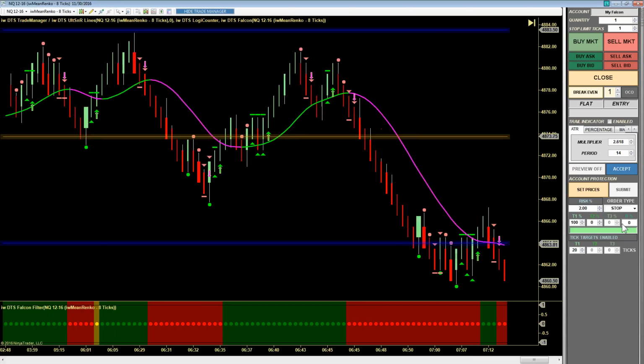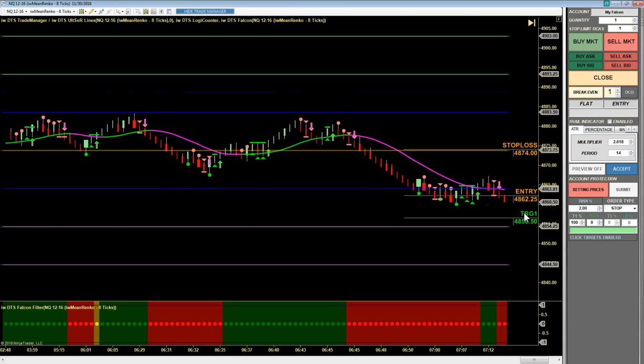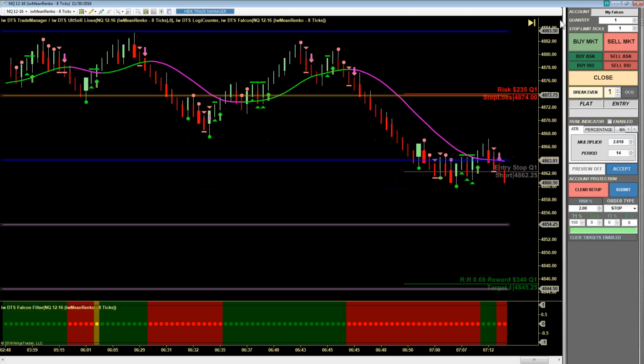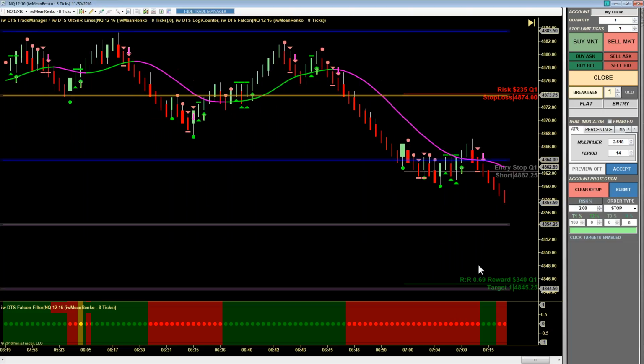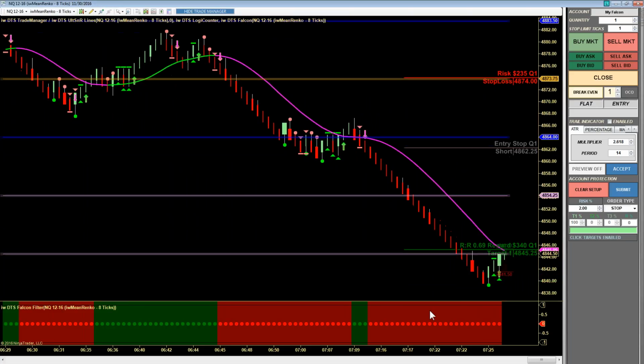So a lot of people like to use the support and resistance lines as a way to set your profit objective. So you could have come down here and you could have set your profit target at the support and resistance line. And there you go, picked up a tidy little profit. And now we're getting a little bit of a reaction.